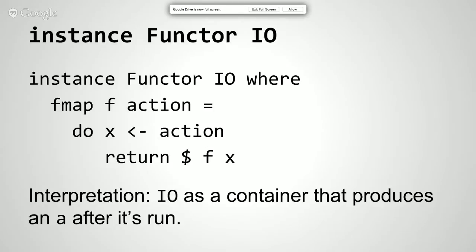So fmapping doesn't actually change the behavior of the function IO-wise. It just applies an f to the output. Yes, it executes the same output. So if I have an action A and a function f, then fmap f A will have all of the same side effects as A and none more, but it will return f of A instead of A as its value.